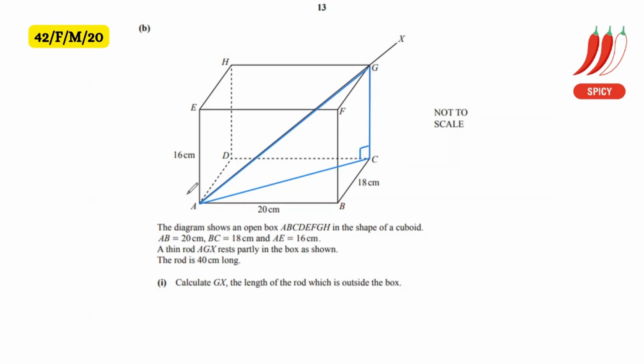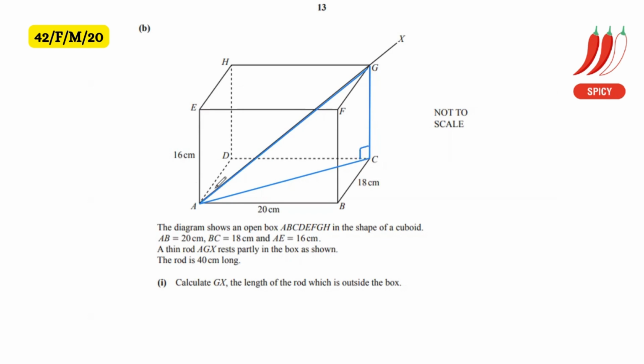Now the total length of the rod, which is AX, is given as 40 centimeters. So if we can find AG, we can subtract that from 40 centimeters to get the length of GX. How will we do that now?